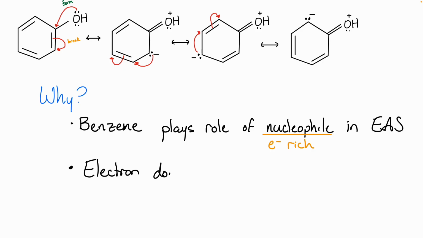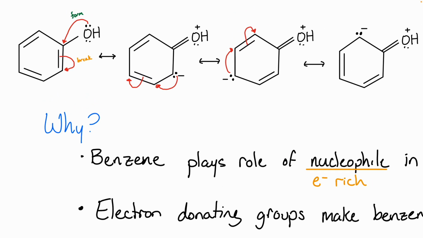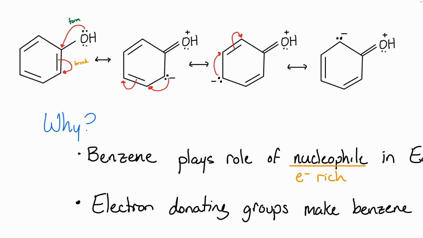All right, these electron donating groups, they change the nucleophilicity of that benzene ring. All right, let's look here. Do we think that this electron donating group is going to make benzene a better or a worse nucleophile? Does it make it more or less electron rich?